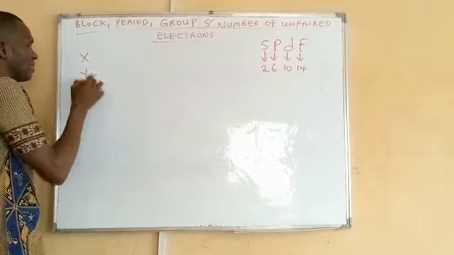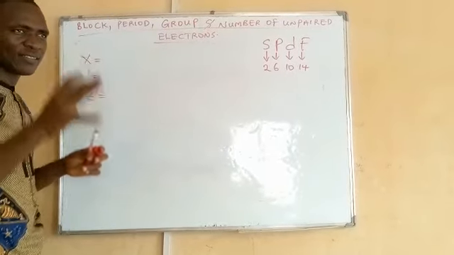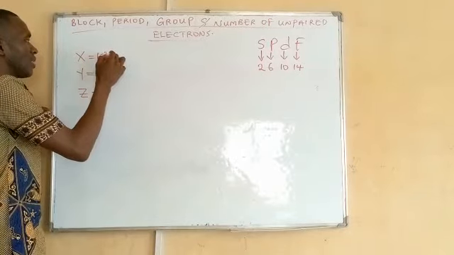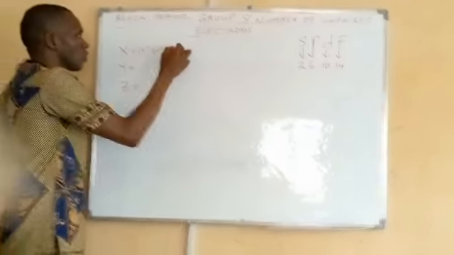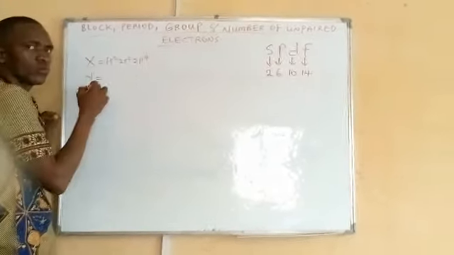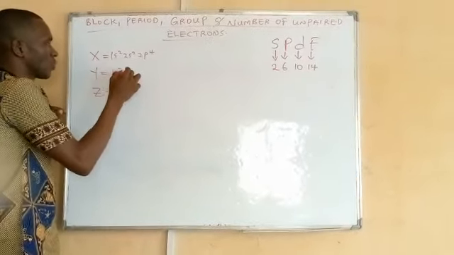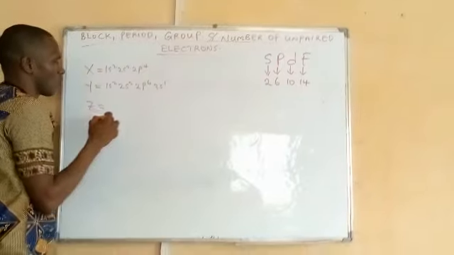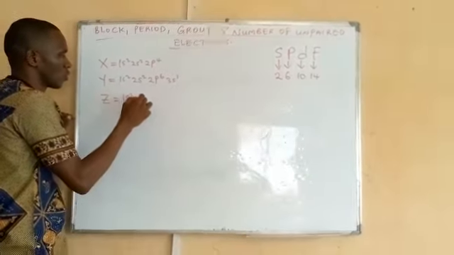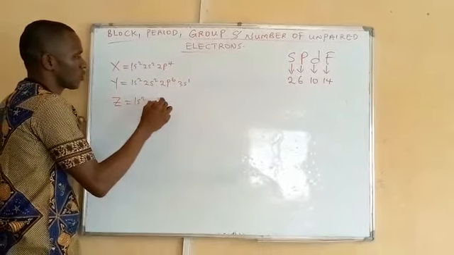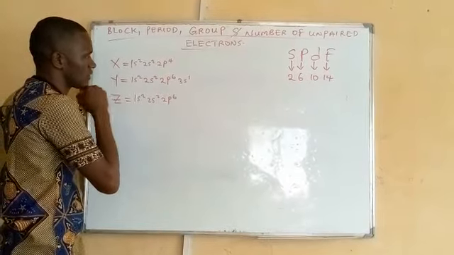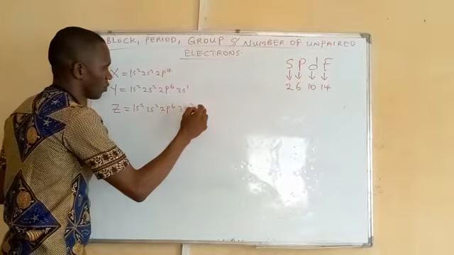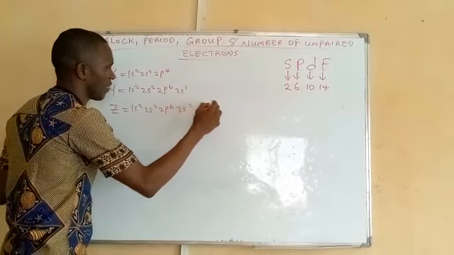An element X, Y, and Z has the following electronic configuration: 1s2, 2s2, 2p4; 1s2, 2s2, 2p6, 3s1; 1s2, 2s2, 2p6, 3s2, 3p5.